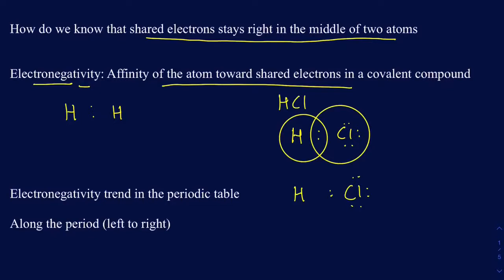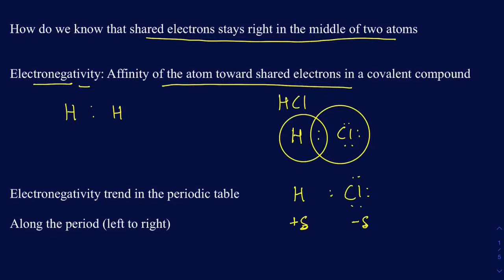Now, when you do so, chlorine gets a partial negative charge, and hydrogen gets a partial positive charge. This delta sign right there looks like an S, but it's called a delta. It means a partial charge. If you recall, if an atom gains an electron, it gets a negative charge. But in this particular case, chlorine is only trying to gain the electrons.